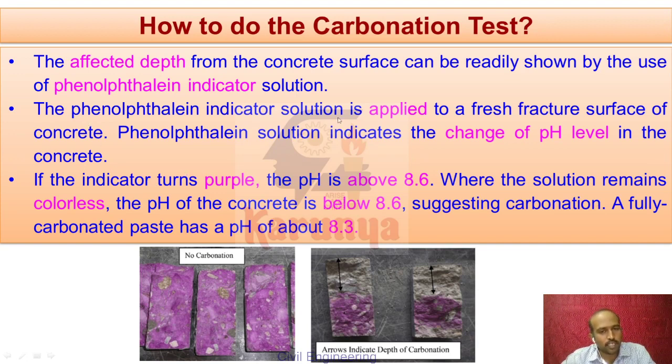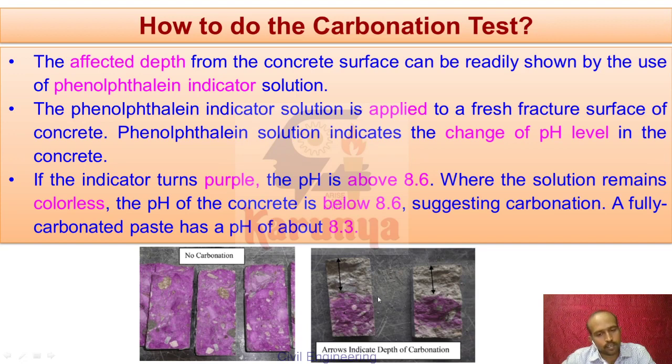The phenolphthalein indicator solution is applied to a fresh fracture surface of concrete. Phenolphthalein solution indicates the change of pH value in the concrete. If the pH value changes, the phenolphthalein indicator shows that. That is what we are finding: where carbonation has taken place and which portion has no carbonation.